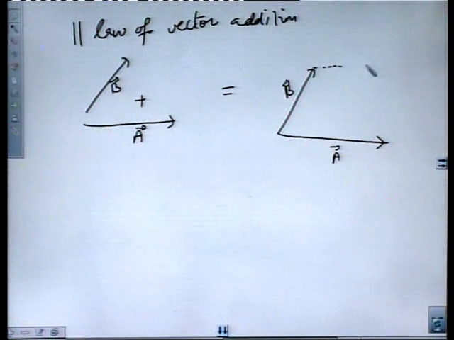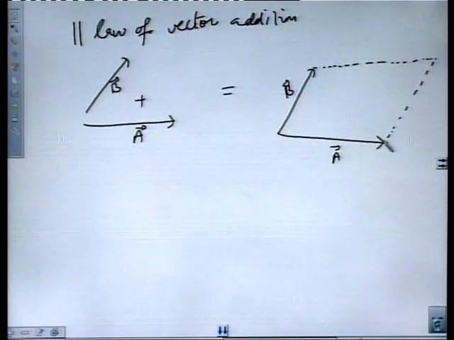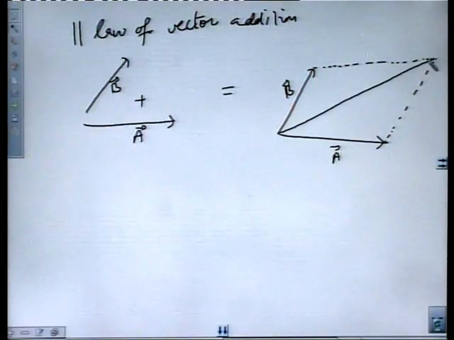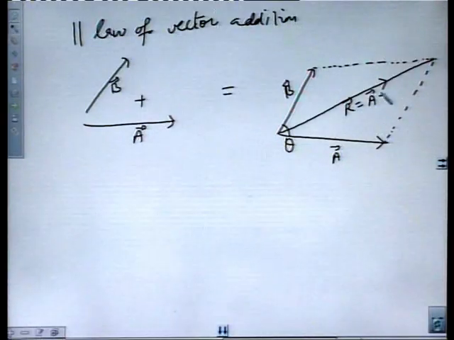Now we complete the parallelogram. Whole parallelogram is completed, and the diagonal of this parallelogram gives us the direction of resultant R. The angle between A and B is theta. R vector is equal to A vector plus B vector.